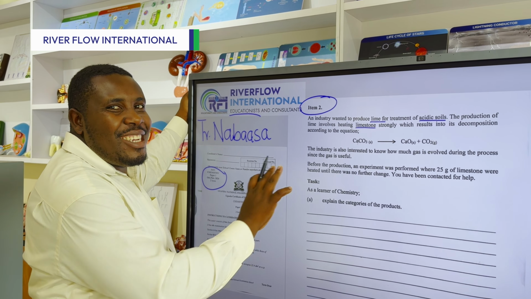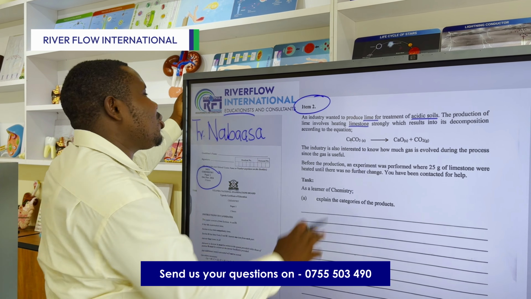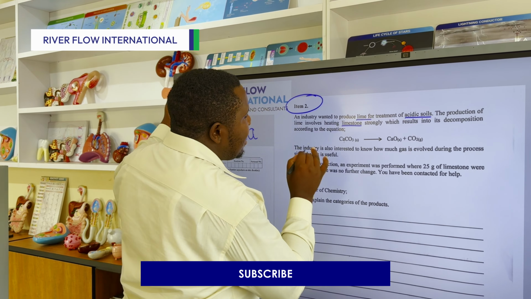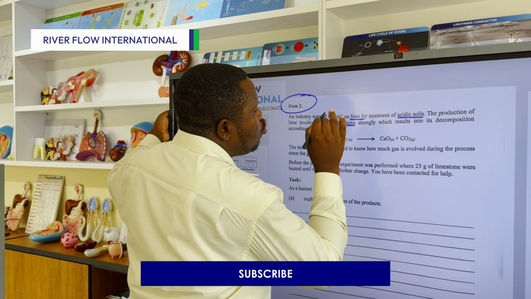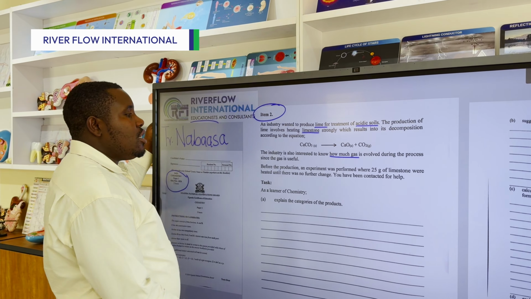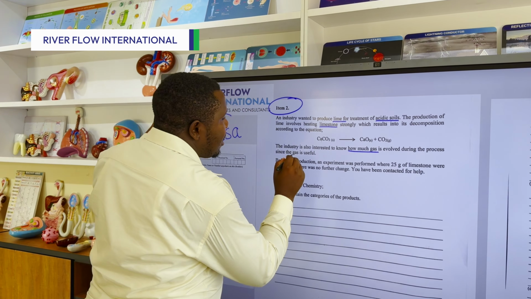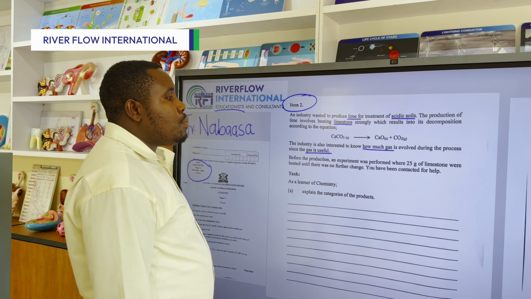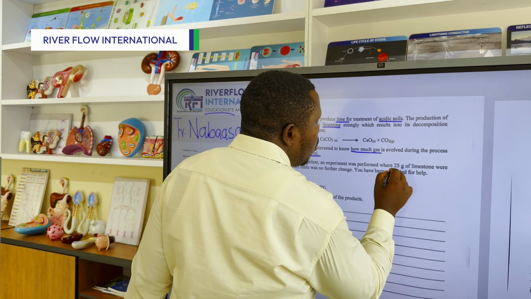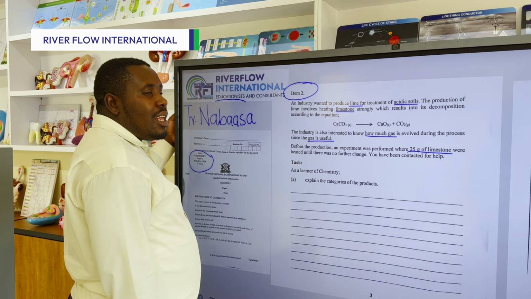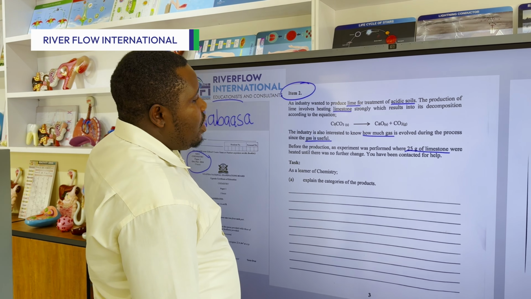Those of you who didn't learn equations, you are going to stop from here to understand this item. The industry is also interested to know how much gas is available during the process, since the gas is useful. Before the production, an experiment was performed where 25 grams of limestone were heated until there was no further change.